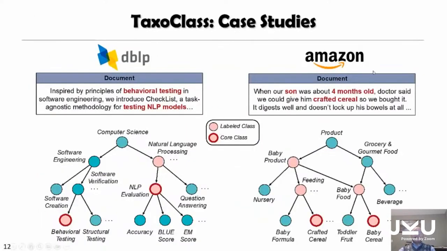You probably can see that if we do it this way, we can take Amazon data like this as a review. Then Amazon starts with product, goes down to the first level, then goes down to the lower level.